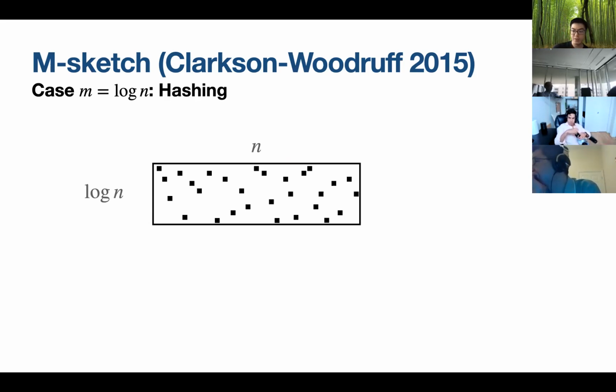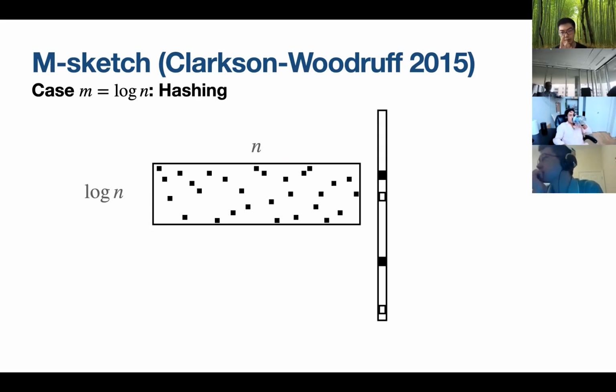So this is what my hashing matrix looks like. And when I apply this to my sparse vector x, I'll essentially be able to condense the vector where I only keep the non-zero entries, but they lie in separate buckets. And again, in this case, it's pretty easy to see that the L1 norm of the sketch Sx is going to be the same as the L1 norm of x.